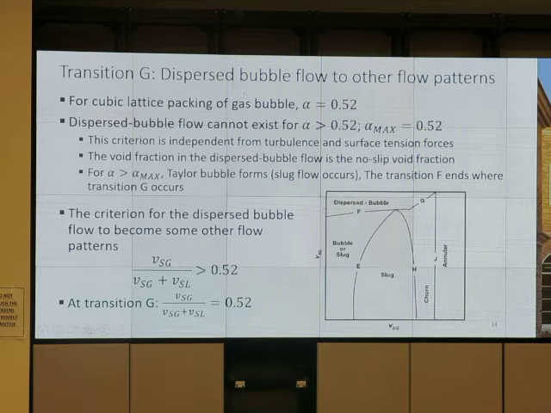So I give you equation F, equation G, equation J, equation H, equation E, and maybe the existence of equation E. And maybe a couple more equations for transitions A, B, C, D to confuse you a little bit.